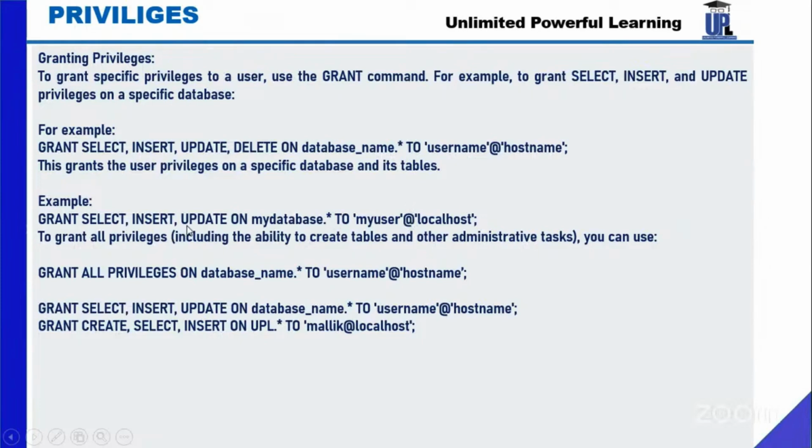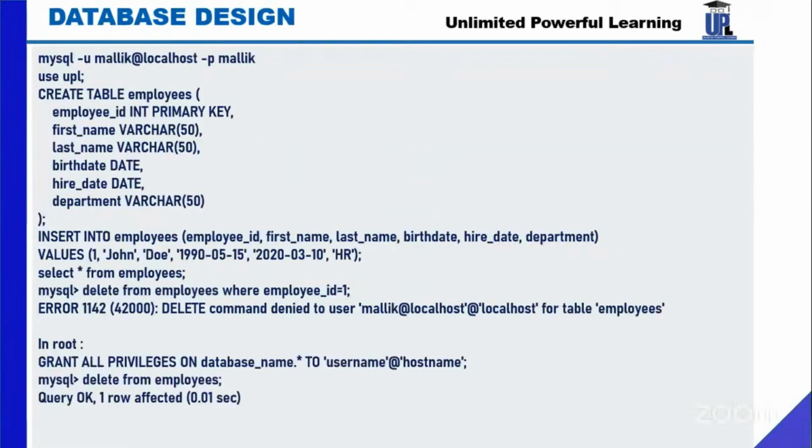So this line is providing privileges for the database, for this user only on these commands. If I want to provide all privileges, then we have to use GRANT ALL PRIVILEGES ON database name TO username at host name. Like this we can grant privileges.